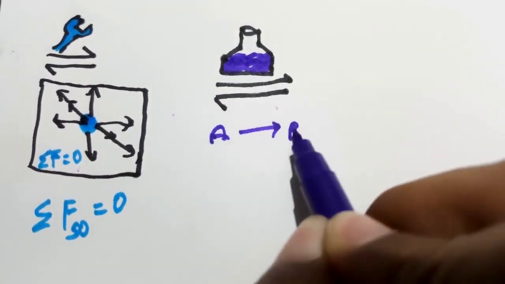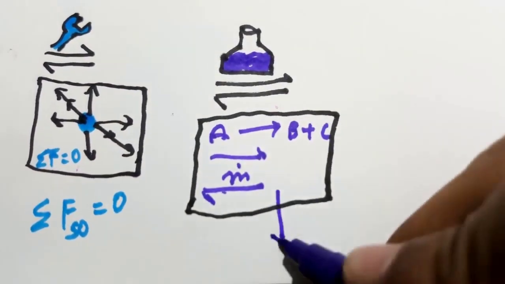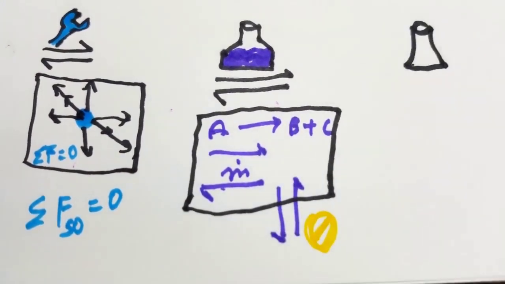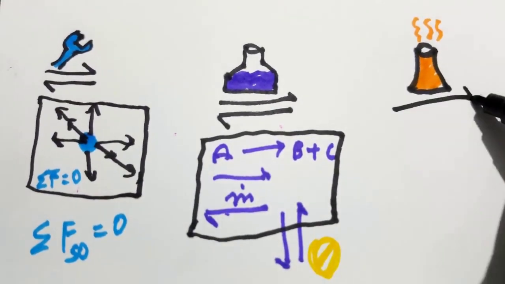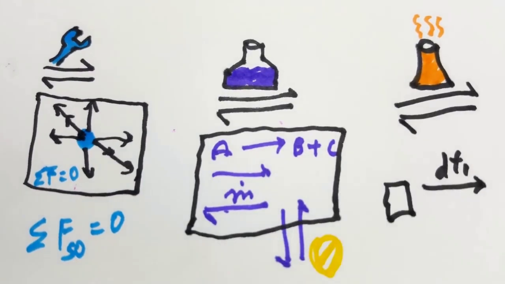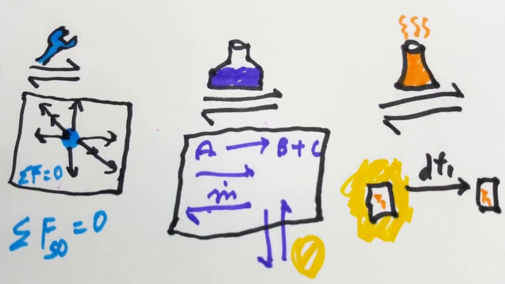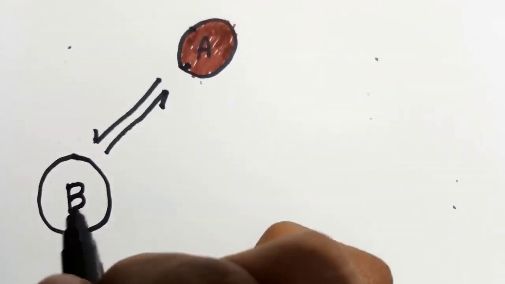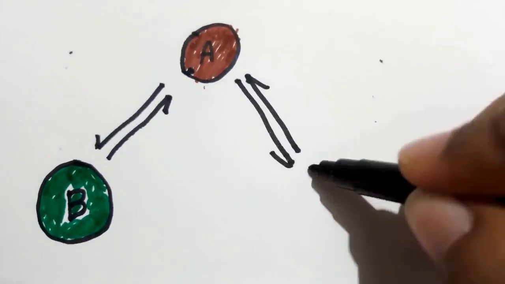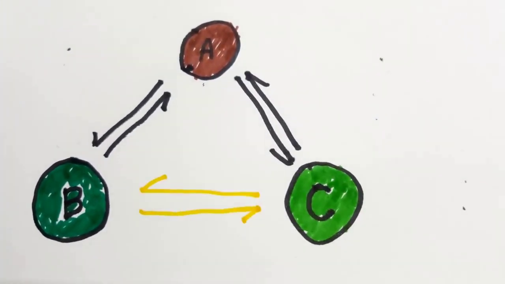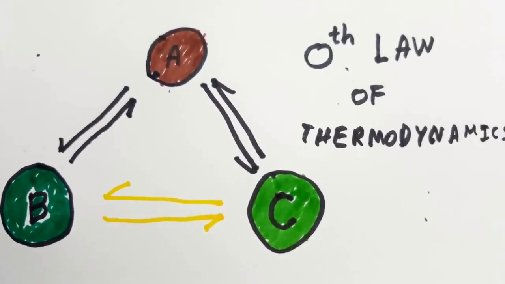Second, chemical equilibrium, which requires no chemical reaction or matter transfer from one part of the system to another. And last, thermal equilibrium, which requires no spontaneous change in the property of the system if it is separated from the surroundings. When a body A is in thermal equilibrium with a body B and also separately with a body C, then B and C will be in thermal equilibrium with each other. This is the zeroth law of thermodynamics.